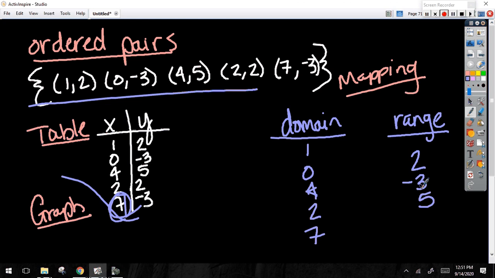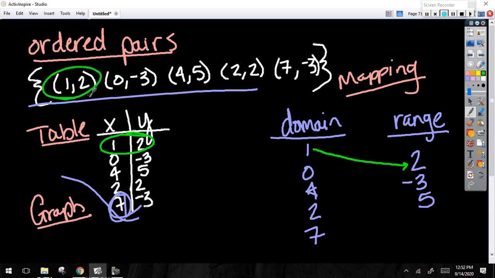So now I'm going to draw an arrow to what goes with what point. What does 1 go with? Here and here tells me 1, 2. Come do the next one.